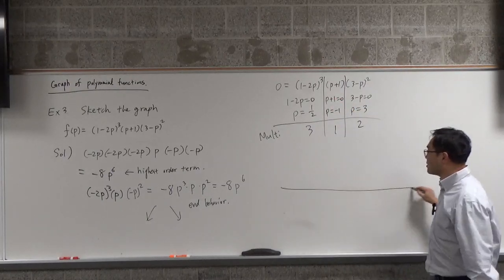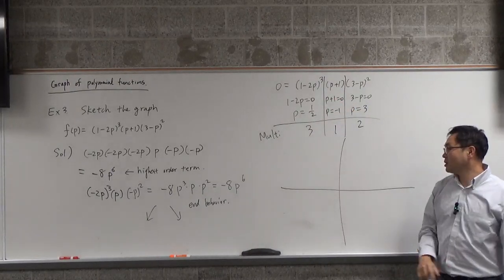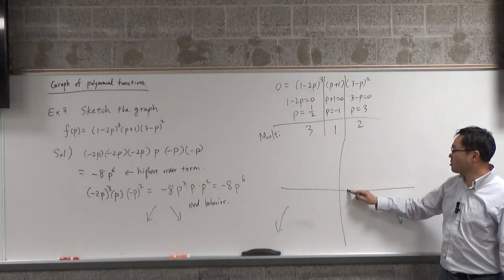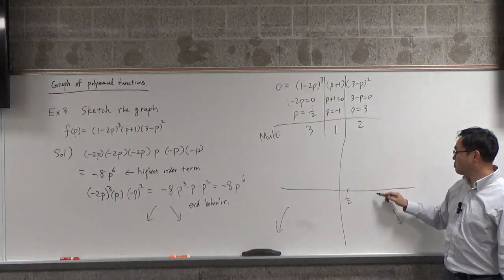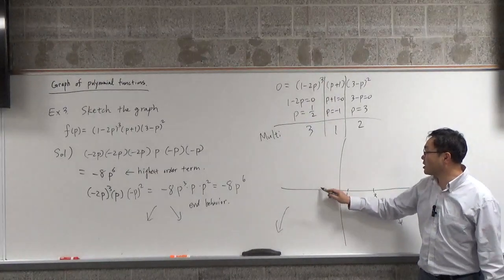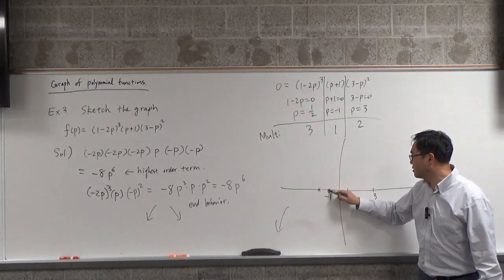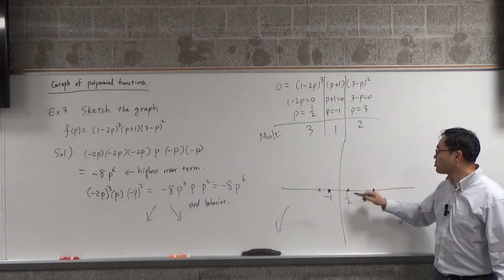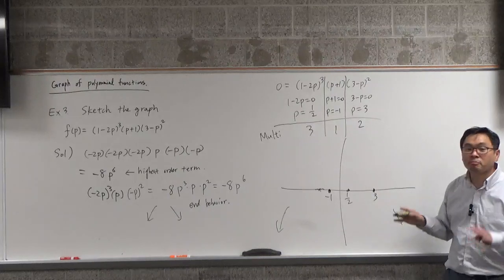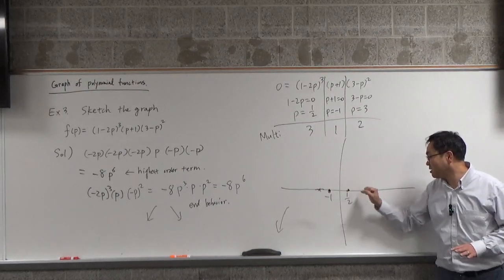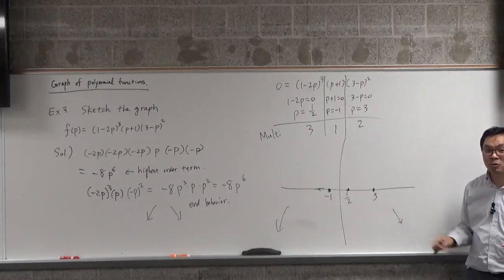All right, so now we can start drawing. The end behaviors are this way. What are the zeros? There's a 1/2 here, positive 3, and then negative 1, sorry. Negative 1 is more like here. So those are the 3 places where the graph must pass through. The graph should be touching or going through these points.